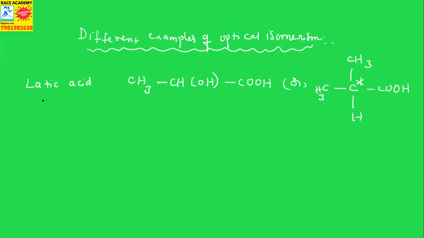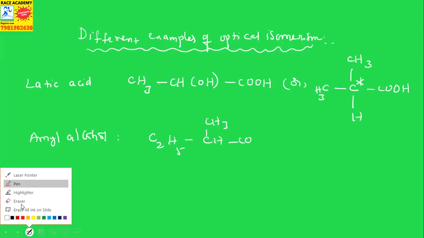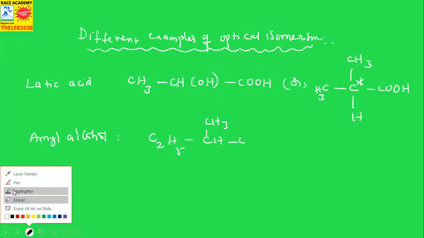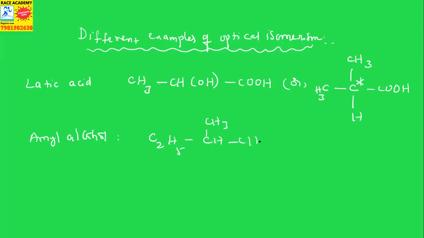Another one we have is amyl alcohol. This is C2H5, CH, CH3, CH2OH.